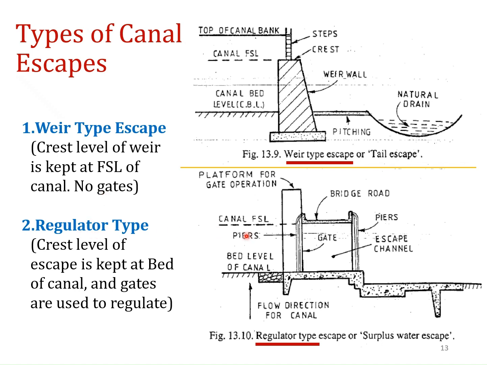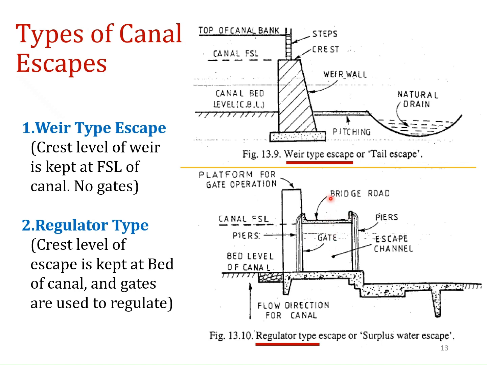Now in the regulator type, again you see right here is the bed level of the canal, and this is the full supply level. Now here is the escape channel, and you have gates and piers and gates, of course they are together. So whenever you want to release the water from the canal, you open the gates and the water will go into this channel, and this channel will take away the water and put it in some drain or river.